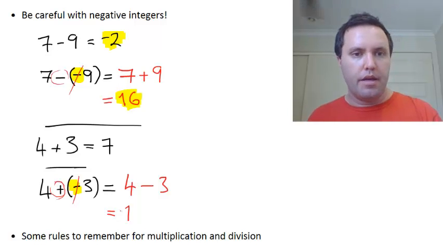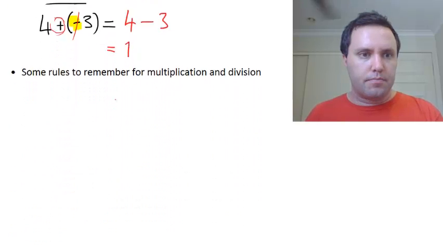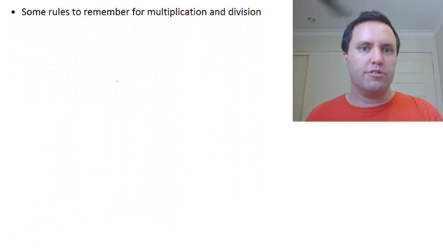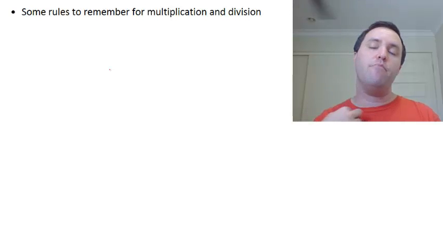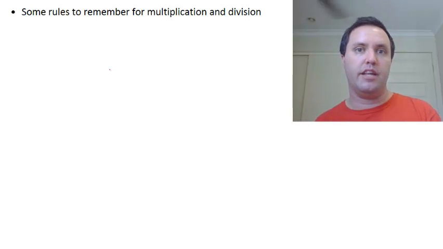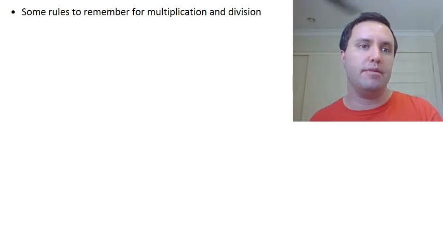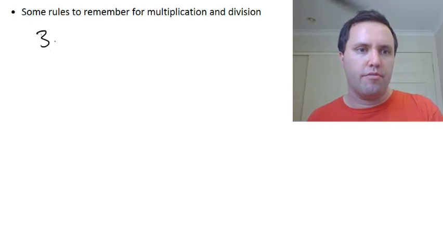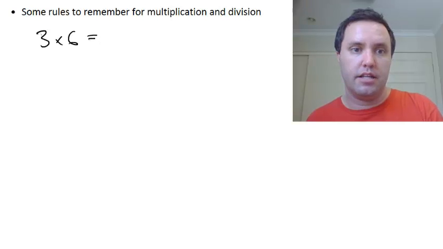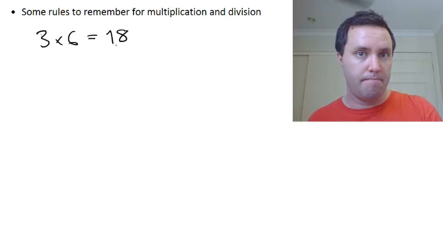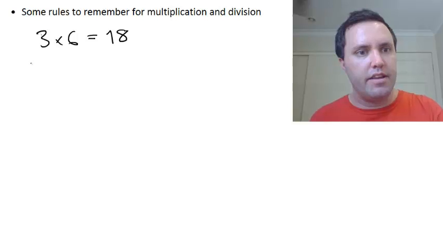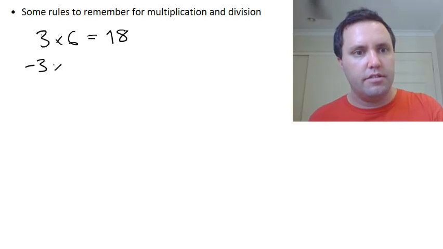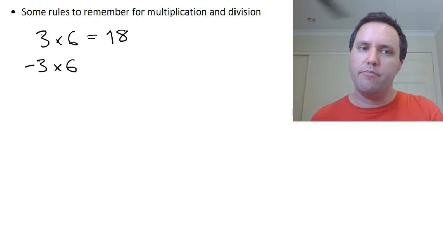Okay, now some rules to remember for multiplication and division. When we multiply and divide positive and negative numbers, some interesting things happen. So if I have 3 times 6, that's going to be 18. Now, if I had negative 3 times 6, that's a negative amount of 3 times 6.